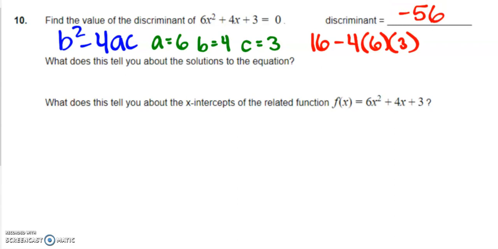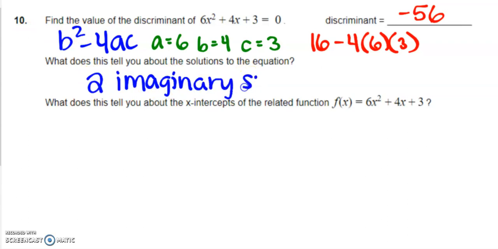Well, if we have a discriminant that is negative, if you look back at your notes, a negative discriminant tells us that we have two imaginary solutions, because we would be taking the square root of a negative 56, which will have an i in our final answer.